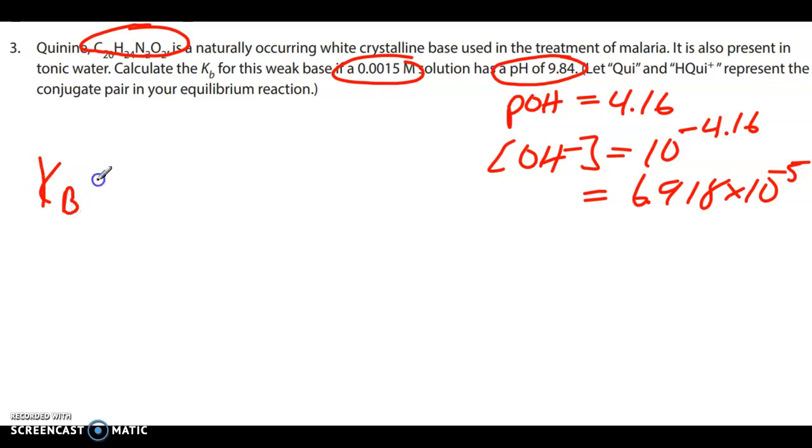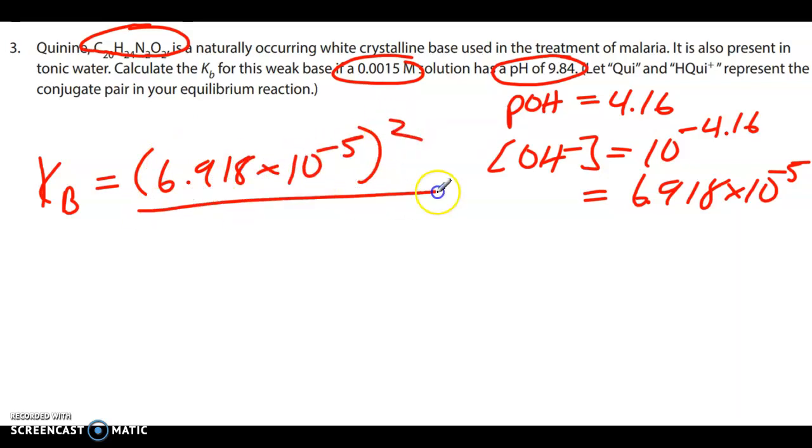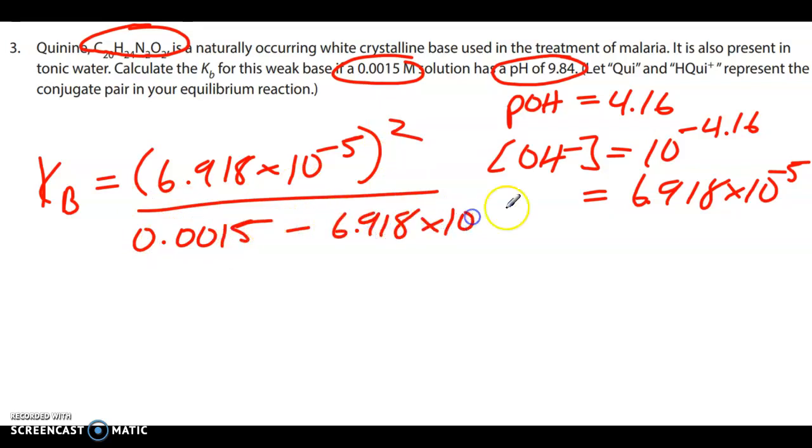We're used to the pattern by now: Kb is x squared over our initial minus that. Kind of nice when they give us the x value or a way to figure it out. And then we get a Kb value here of, to 2 sig figs, 3.3 times 10 to the negative 6 for your final answer.